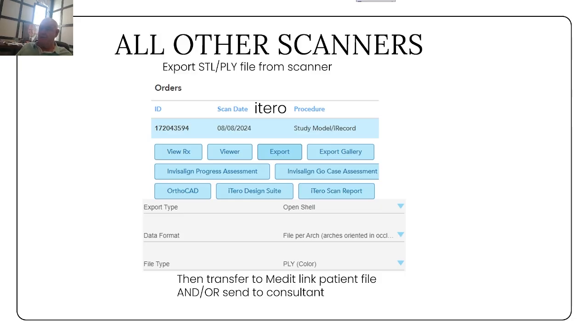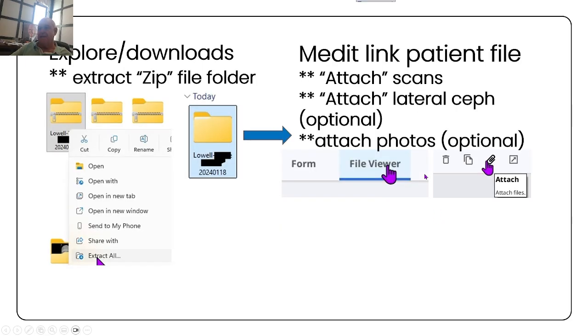You can do that with a thumb drive or a flash drive, just moving it from one computer to the next, or you can send yourself an email or whatever. But you have to transfer the exported scan, STL file or PLY file, from the iTero into Medit Link, and from Medit Link you then can access Medit Orthodontic Suite. Hope you understand that.